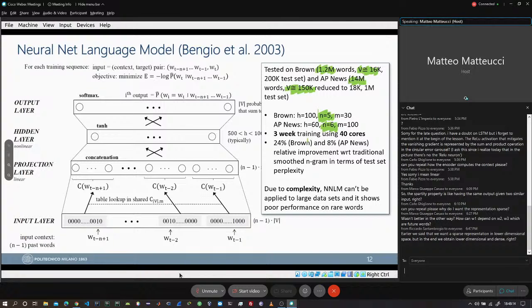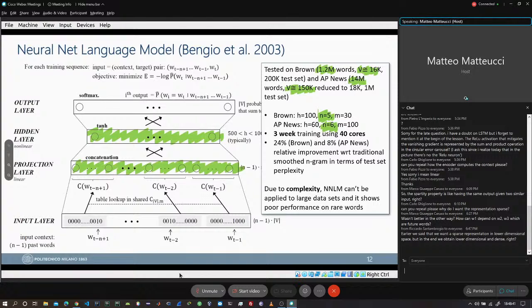There is a question. Earlier we said that we want a sparse representation in lower dimensional space, which is this one. But at the end, we obtain lower dimensionality and dense, which is this. Yes, that's correct. The concept of autoencoder was originally invented as a sparse autoencoder.